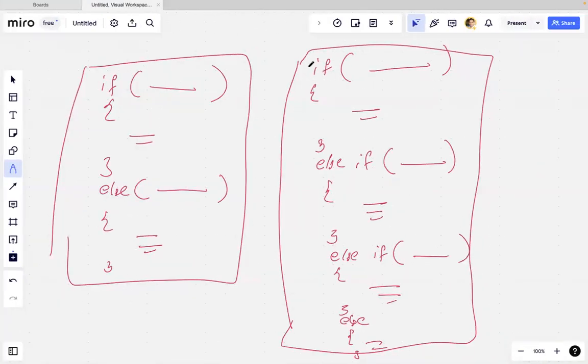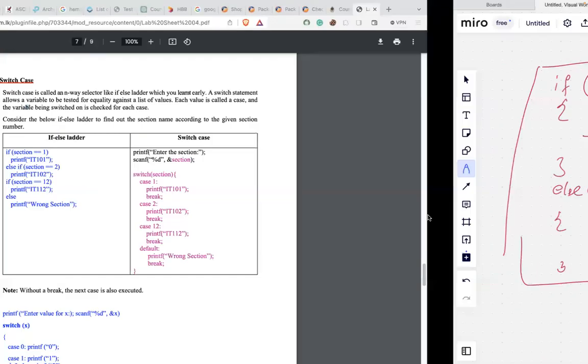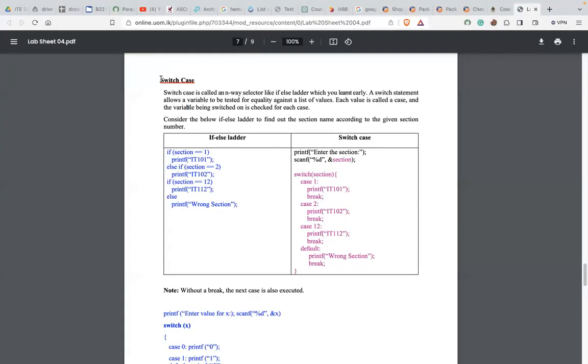When you are writing the if-else ladder, you need to write more if conditions, more else conditions, and you have to open the bracket, close the bracket, and so many. That means this looks like a very lengthy program. You can rewrite this using a simple way called switch case.